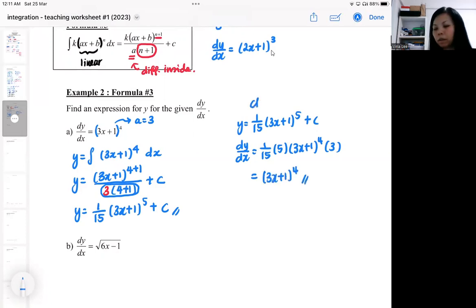So you can do a bit of checking backwards, but usually you are still faster in your differentiation. Okay, so this one is formula number 3, a little bit like the reverse of the chain rule, but we are limited to ax plus b in the bracket. So this formula wouldn't work if it's an ax square, if it's a quadratic function inside. If it's a quadratic function inside, something else will happen. Anyway, you're not expected to know how to do such thing yet.